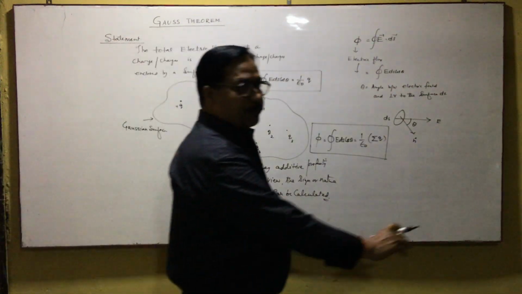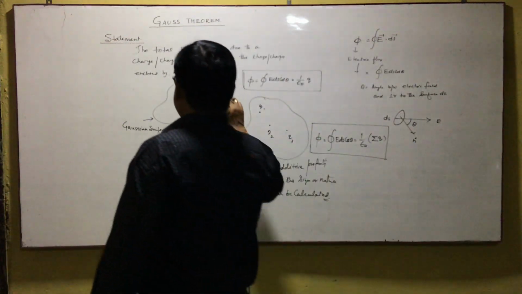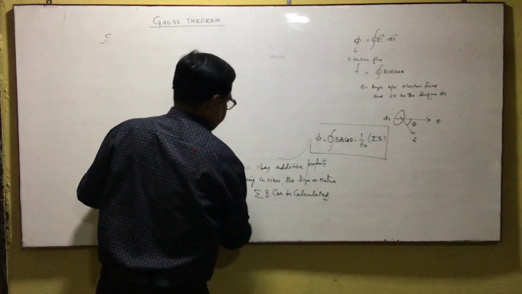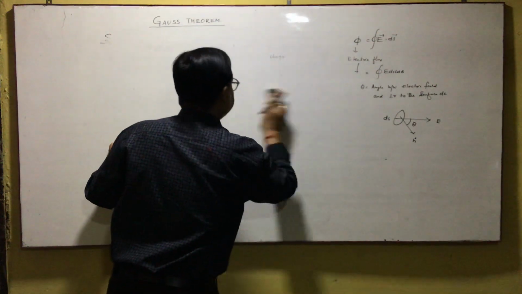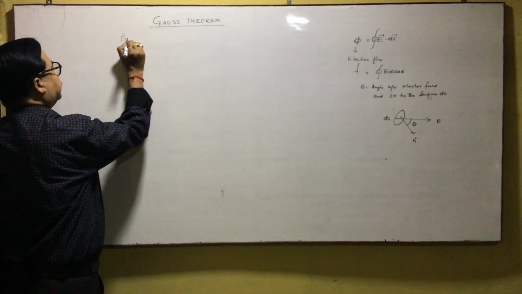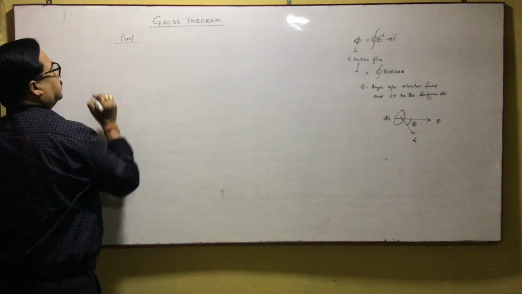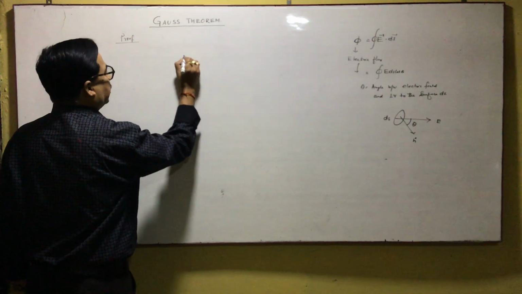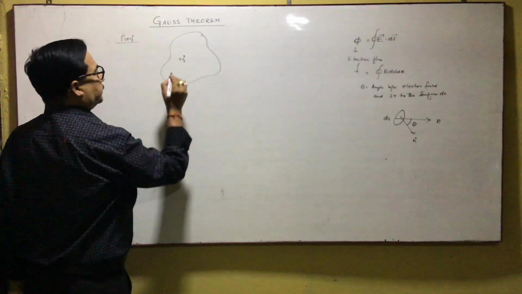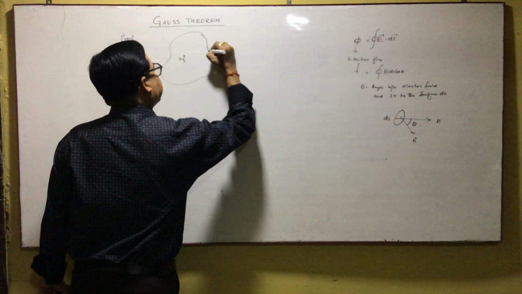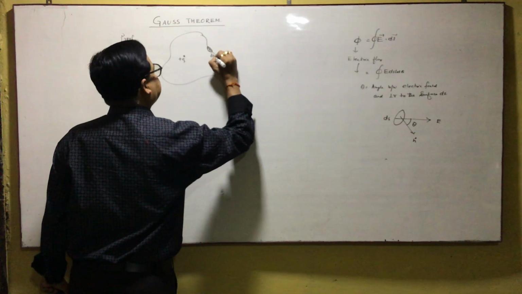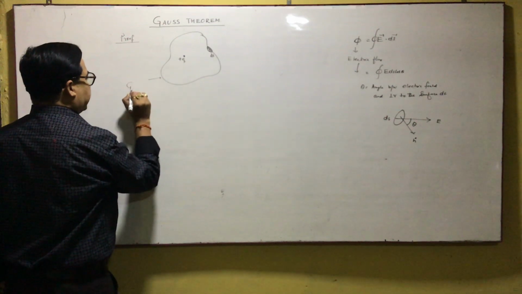Now we have to prove this Gauss's theorem. So proof. Let us consider a charge plus Q, which is enclosed by a surface. Consider a small surface ds on this Gaussian surface.